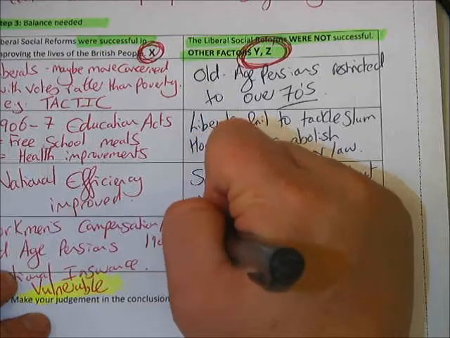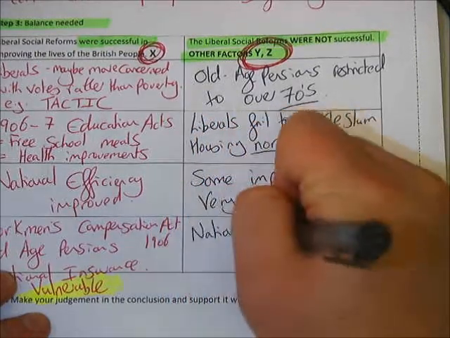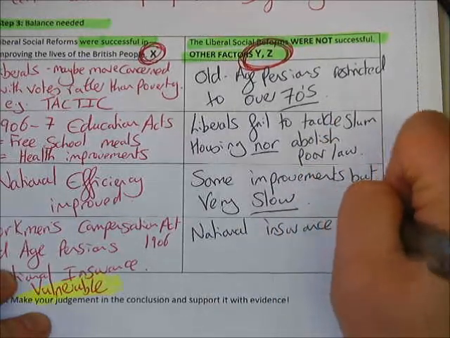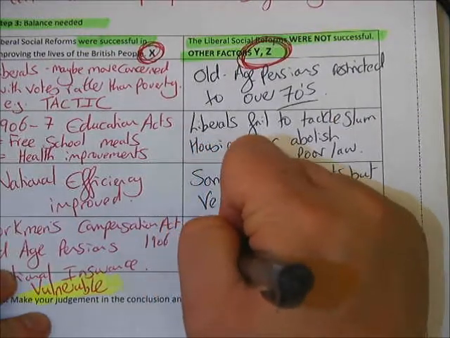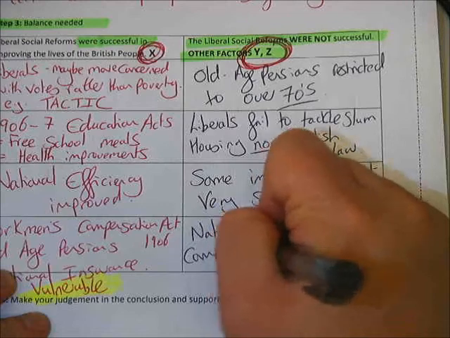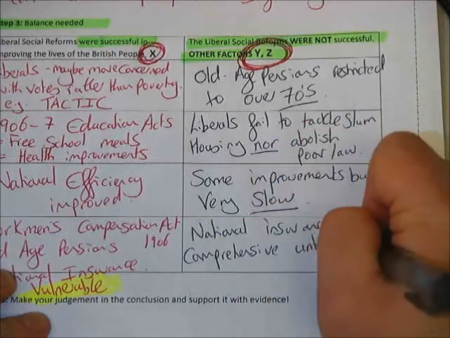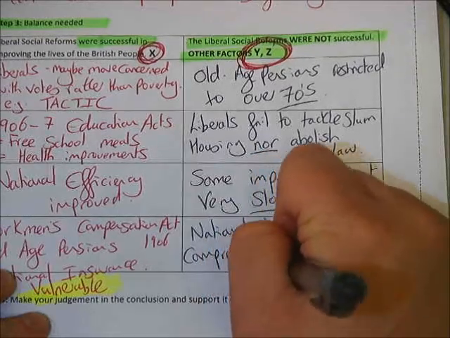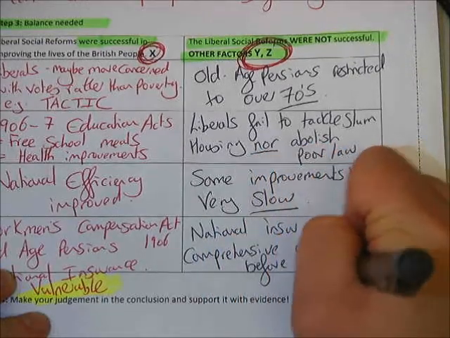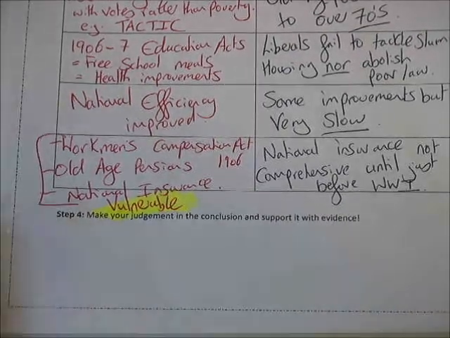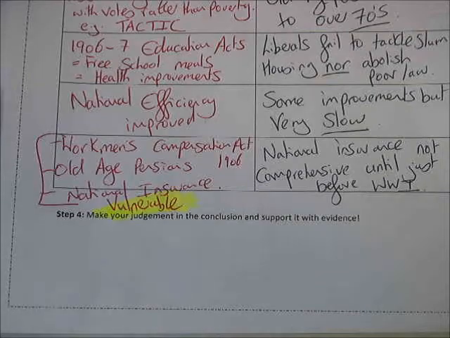And finally, even national insurance, which we said was a good thing, wasn't actually comprehensive until just before the outbreak of war in 1914. So you can see that although the Liberals do pass some excellent social reforms and it does have an impact, perhaps it doesn't go far enough. And then we have to think about their motivations.